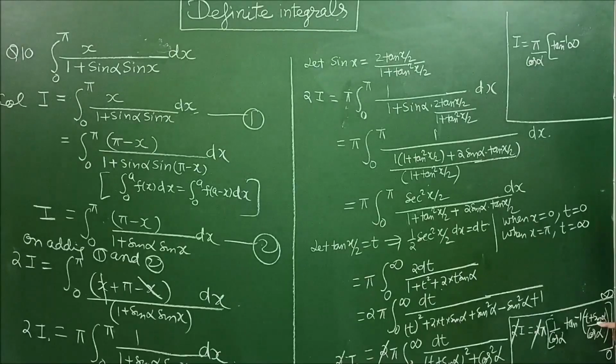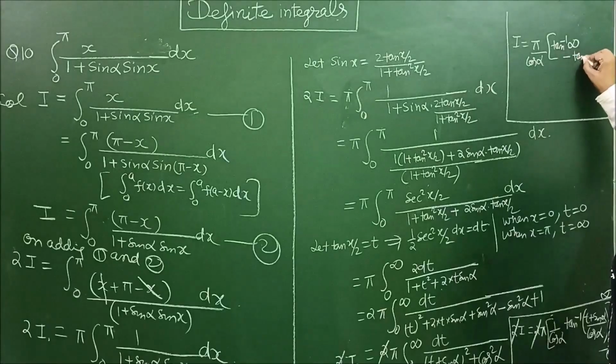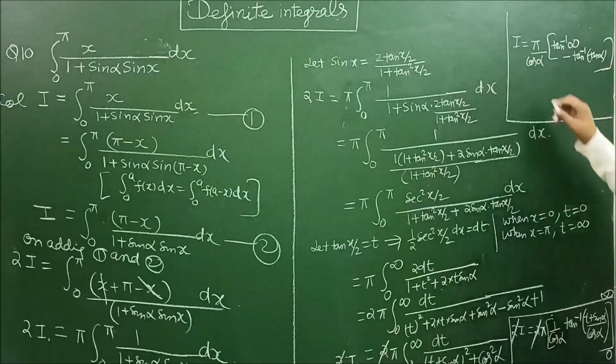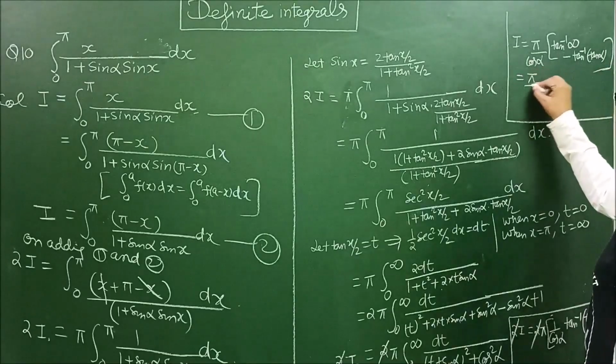Then putting t equal to 0, tan inverse tan alpha. So this is equal to pi upon cos alpha.